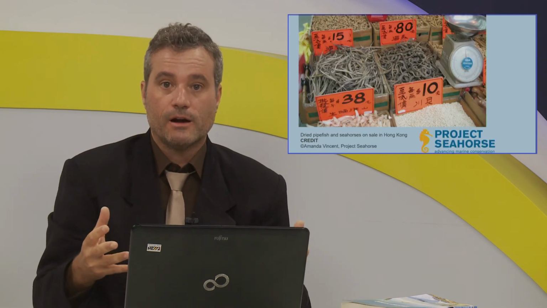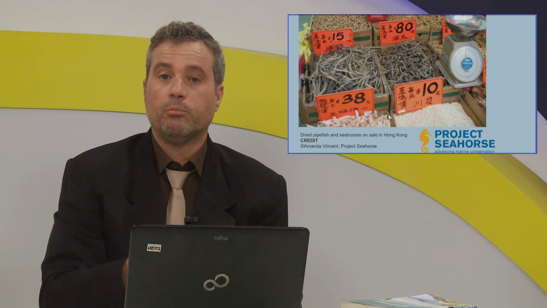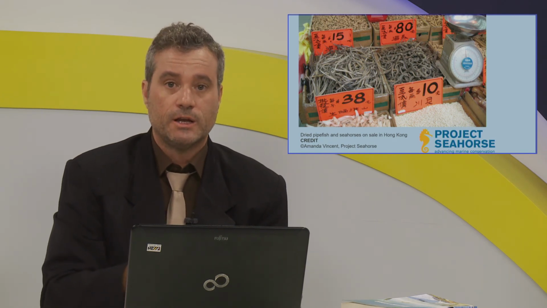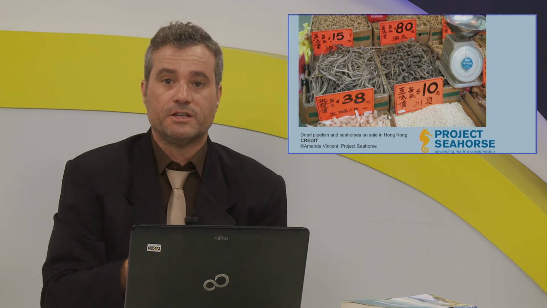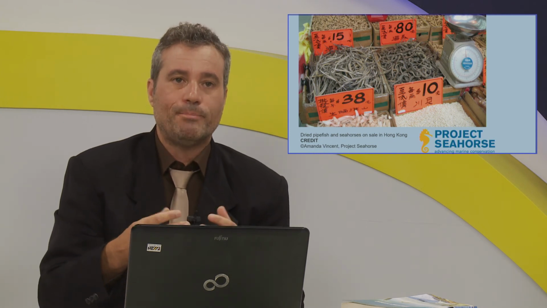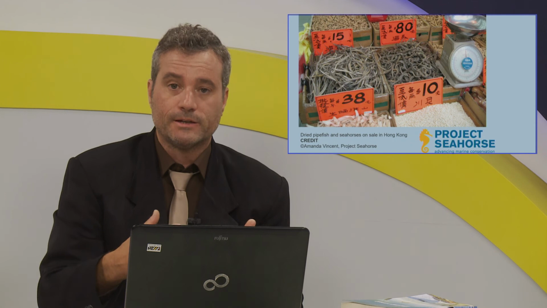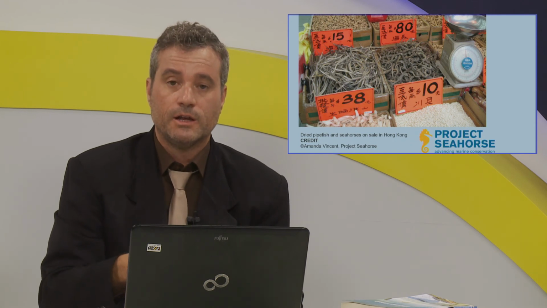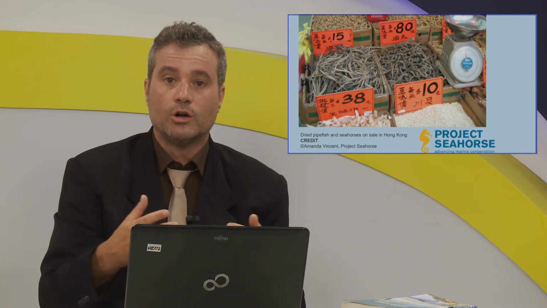Remember that there are, unfortunately, many vulnerable species that are taken by small-scale fisheries. Despite small-scale fisheries being the best solution for the environment, much better than large-scale fisheries, despite this, they are impacting on vulnerable species.